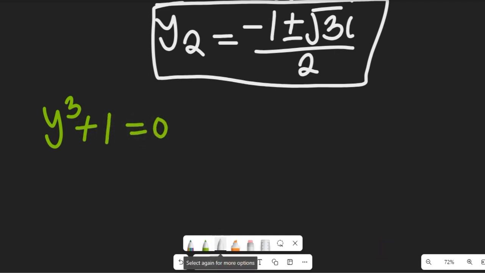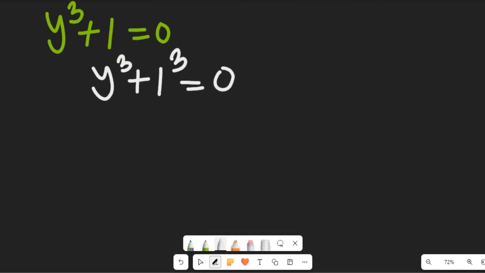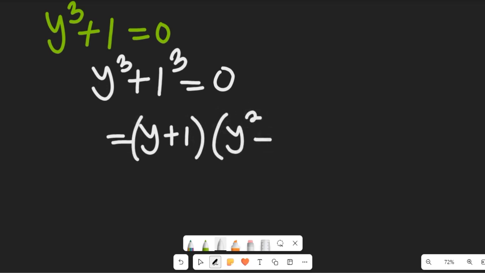Now simplifying this algebraic term, considering the positive sign, this expression will now give us y plus 1, exactly what we do on the other part, and this will be y square minus y plus 1, and this will be equal to 0.